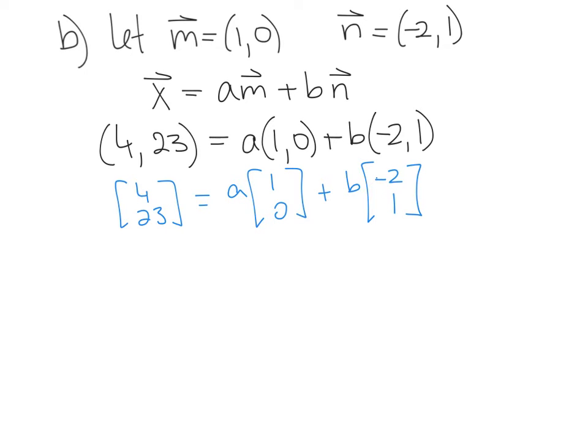And these are equivalent. So now let's split it up into our two equations. And so we have 4 is equal to, just read it across, a minus 2b.